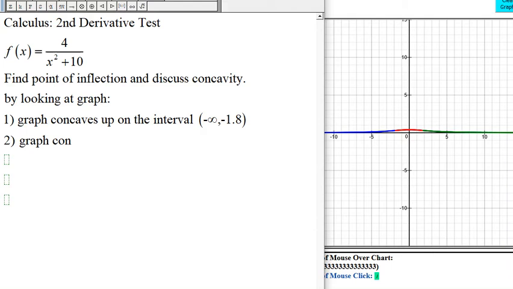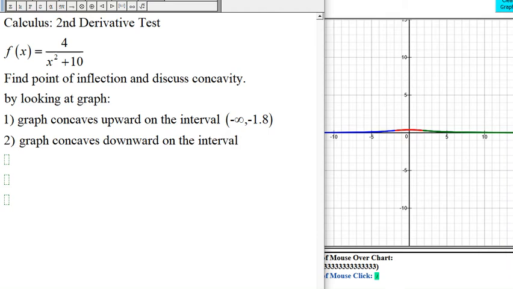The graph concaves downward on the interval, it looks like from negative 1.8 to 1.8.